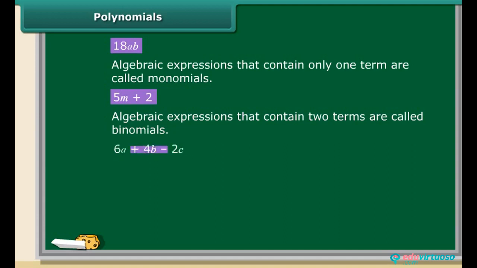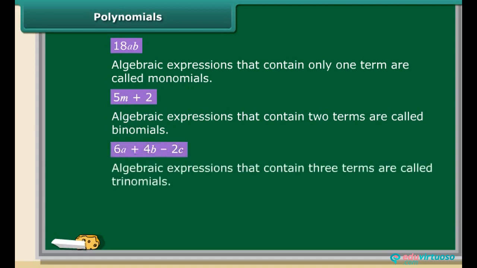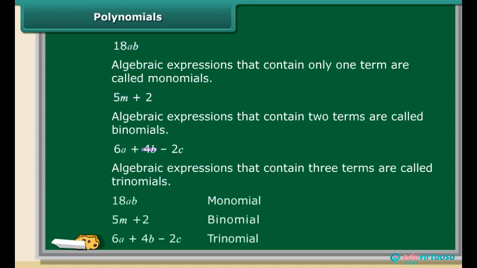The expression 6a plus 4b minus 2c is not a binomial because it has three terms, right? So this type of algebraic expression is called a trinomial. Remember, all algebraic expressions that have one or more than one term are called polynomials. Therefore, monomials, binomials and trinomials are all polynomials.